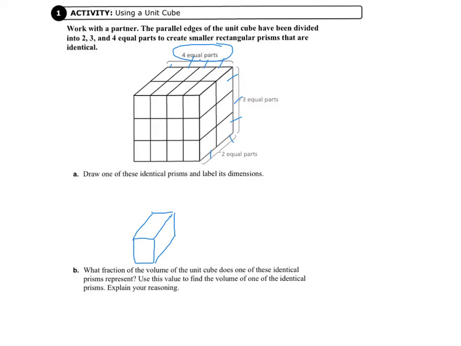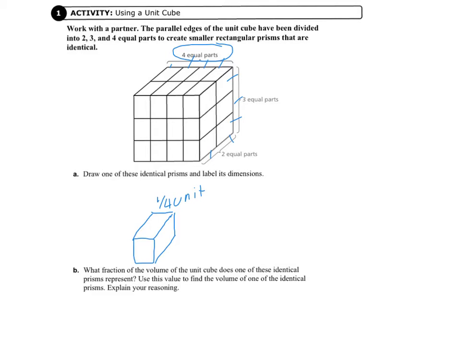And then since the top of this small rectangular prism is 1/4 of the entire big prism that we have, it's 1/4 unit, because they chopped that into 4 equal parts.